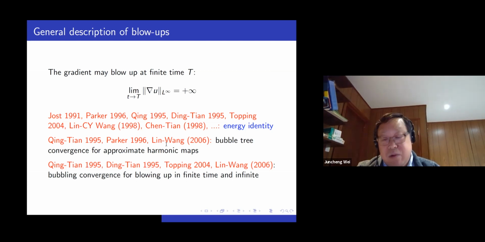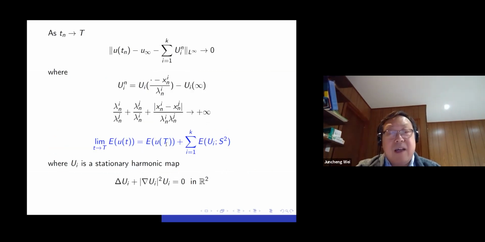So you have a general description of blow-up. When you say blow-up, you have, away from the singular point, a smooth limit, and then you have a bubble, and this bubble is nothing but a stationary harmonic map.